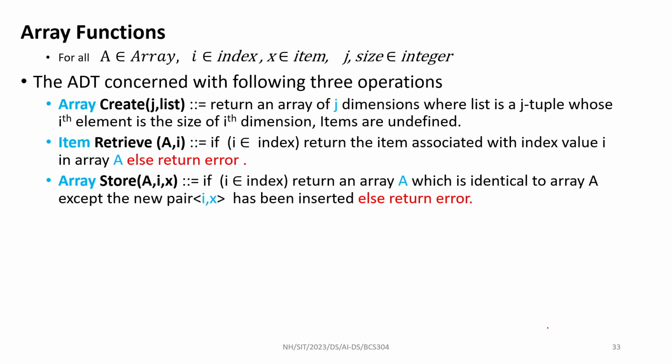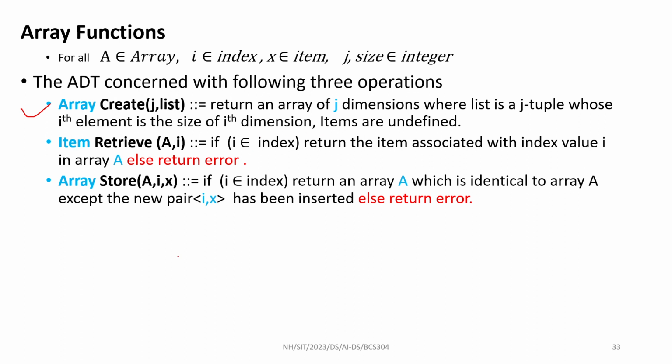There are three different functions that can be used to perform various operations. The first one is creation, the second one is the retrieve operation, and the third one is store. The first one is array creation. This function returns an array of j dimensions, where the list is a j-tuple whose ith element is the size of the ith dimension.